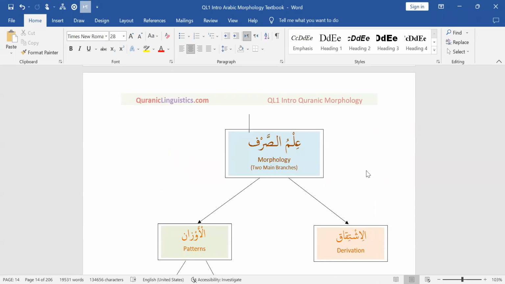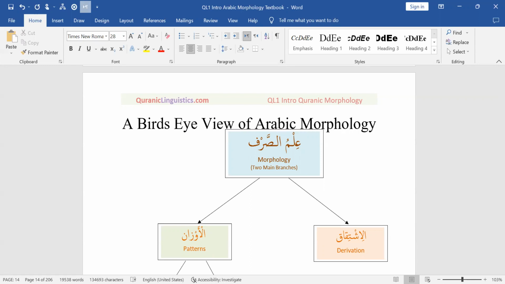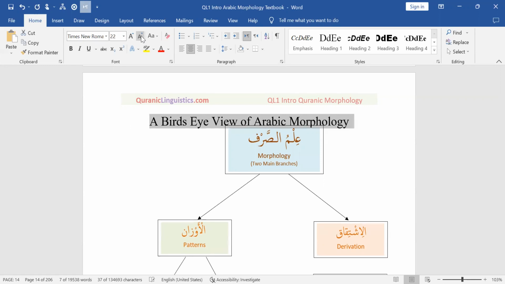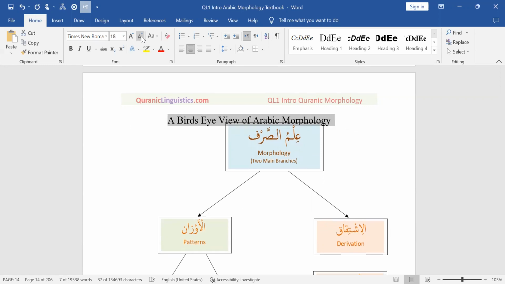It's just a diagram that gives you a bird's eye view of Arabic morphology, and not just a bird's eye view, but specifically we'll look at the two major branches of Arabic morphology, okay?